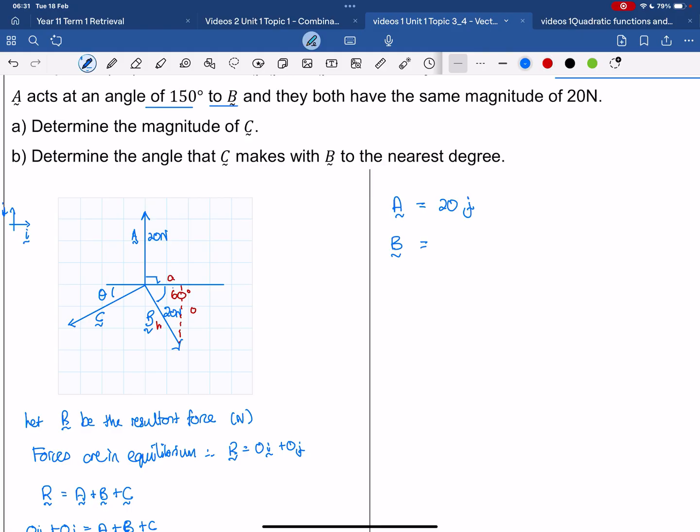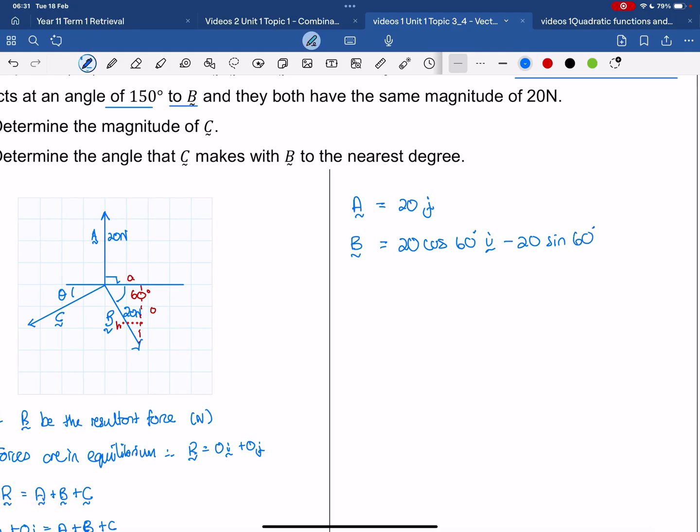So my I component of B is going to be a positive I and a cos ratio, and my J component is going to be a negative J sine ratio. So I'm going to have positive 20 cos of 60 degrees I minus 20 sine of 60 degrees J.